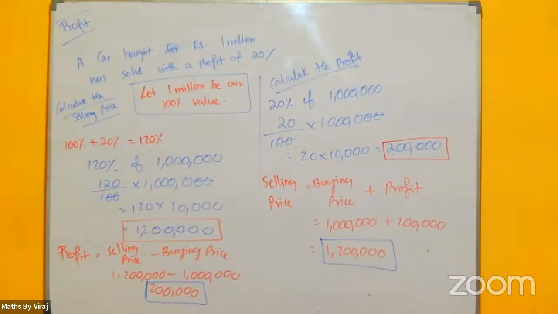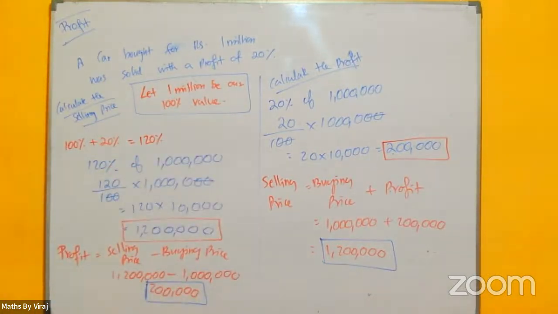If this is 100% and the profit is 20%, together 100 plus 20 is 120. Therefore, I can directly find the selling price, 120% of 1 million, that is 1,200,000. If I go one step ahead and calculate the profit, it will be selling price minus the buying price, and hence 200,000.